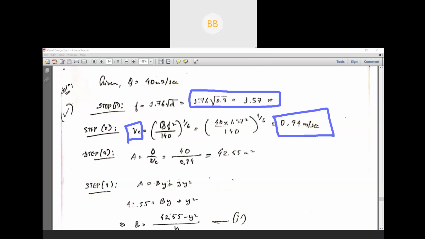Then the next step is to find out the area, that is Q by velocity. Discharge is given as 40 meter cube per second, and velocity you have already calculated in step number 2.